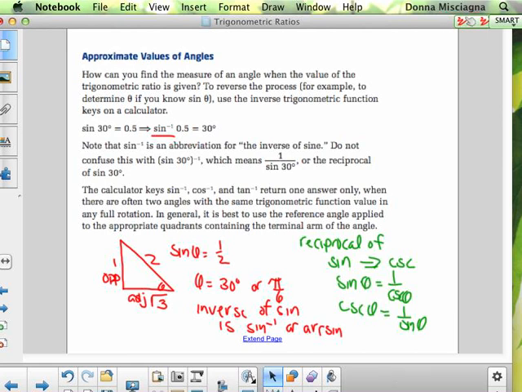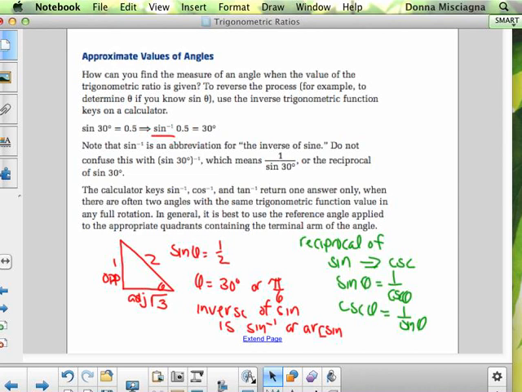With arcsine, we're going from the ratio back to the angle. And we did solve some problems like this in both geometry and algebra 2, so it won't be completely new to you. So the calculator keys: sine with the -1, that's arcsine. Cos with the -1 is arccos, and tan with the -1 is arctan.